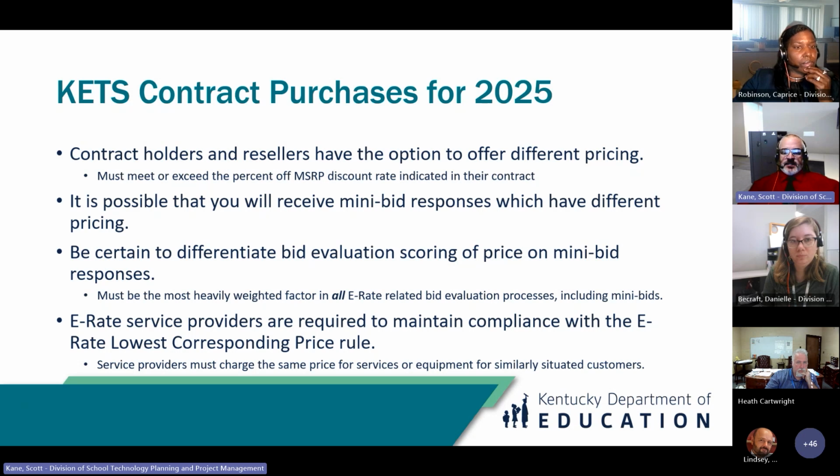Now, that having been said, similarly situated is open to interpretation, but you would expect that an adjacent district that's similarly sized, that are nearby each other, that have similar demographics, similarly sized not only geographically but demographically as well, you would expect that the prices offered to those two districts would be the same as long as those two districts are similarly situated.